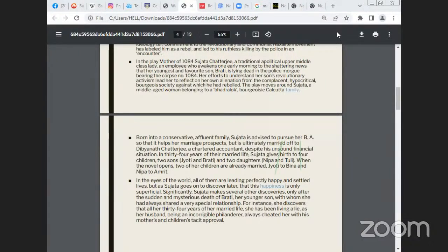Hit meeting settings. There you have annotate. Disable that button. Okay, I got it. Okay, thank you.